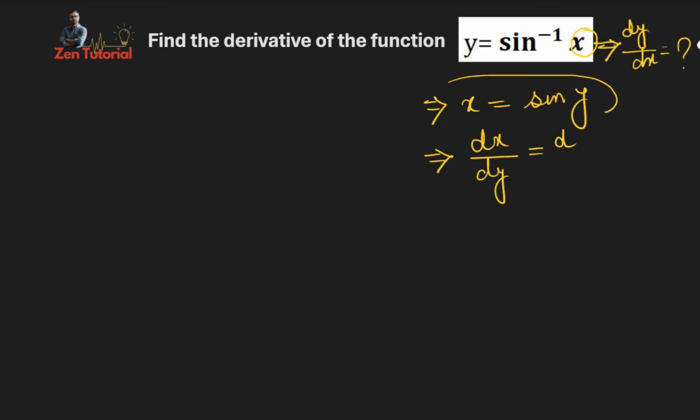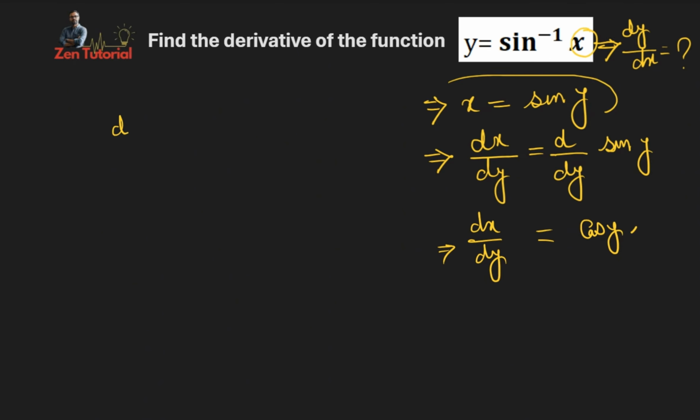So on the left side as well, the denominator is dy. Now dy at the right side as well, and the function is sine of y. If we differentiate sine y, we get cos of y, and here dx by dy.